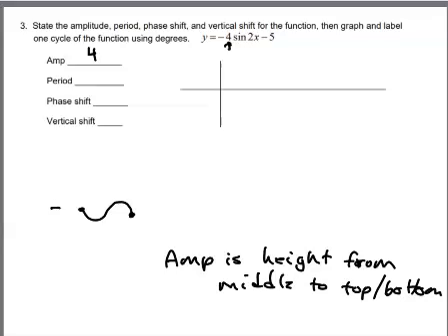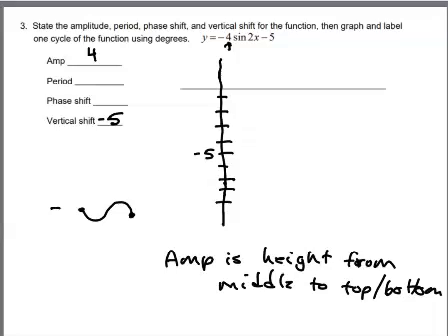All right, vertical shift. What that means with our graph is that we're going to go down 5 for the vertical shift. So we're going to go 1, 2, 3, 4, 5. And from there, we have to go up 4 and down 4. Negative 6, negative 7, negative 8, negative 9.